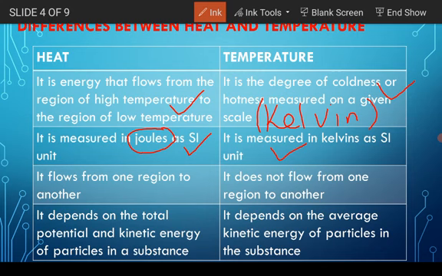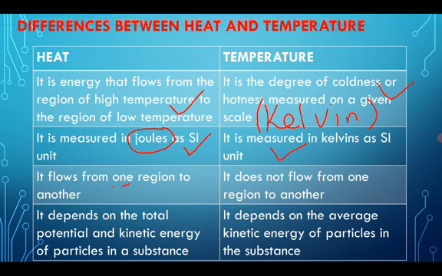Another difference is that, as we just said, heat flows from one point to another. So we can use the fact that heat flows as another difference. Heat flows from one region to another, while temperature does not flow from one region to another.